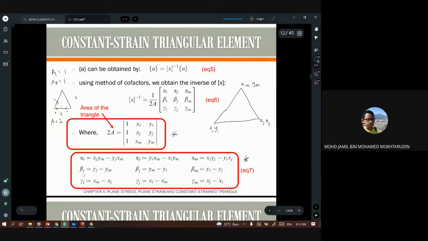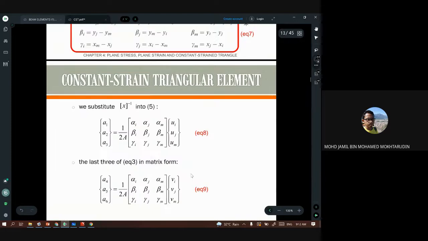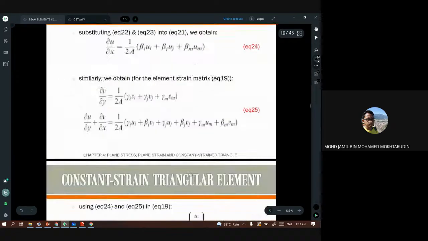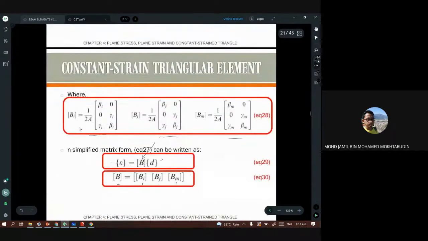For example, beta I equals coordinate y of j minus coordinate y of m, and so on. You need to remember this to get beta and gamma.